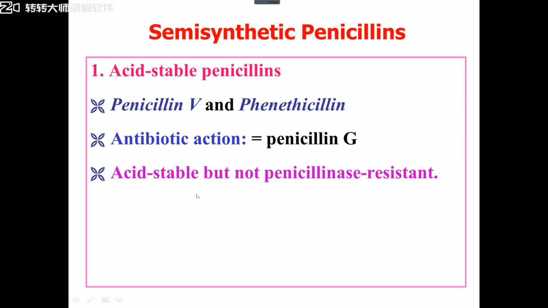Acid stable means we can give it orally. The oral penicillin is penicillin V.